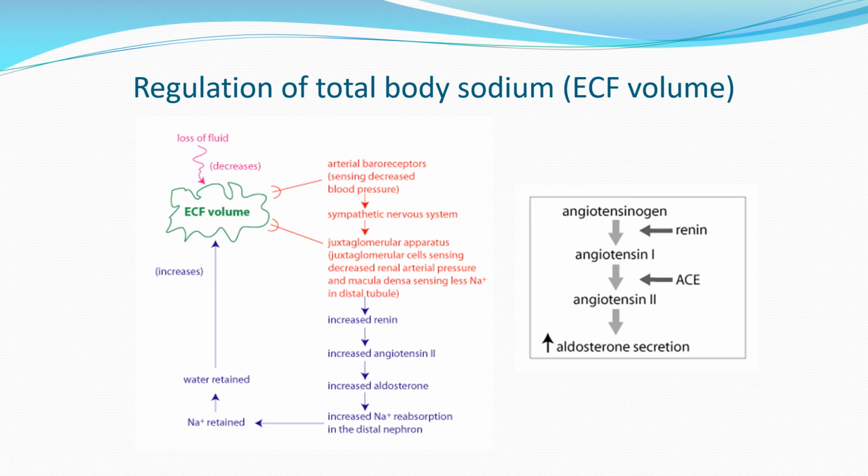So how does our body regulate total body sodium or ECF volume? If you have a loss of fluid resulting in decreased ECF volume, arterial baroreceptors in the carotids will sense the decreased blood pressure, leading to increased sympathetic tone, which along with decreased renal arterial pressure and decreased sodium presenting to the macula densa, leads the JG apparatus to increased secretion of renin, which in turn leads to increased production of angiotensin I and angiotensin II, which is a potent vasoconstrictor which helps to maintain the blood pressure.